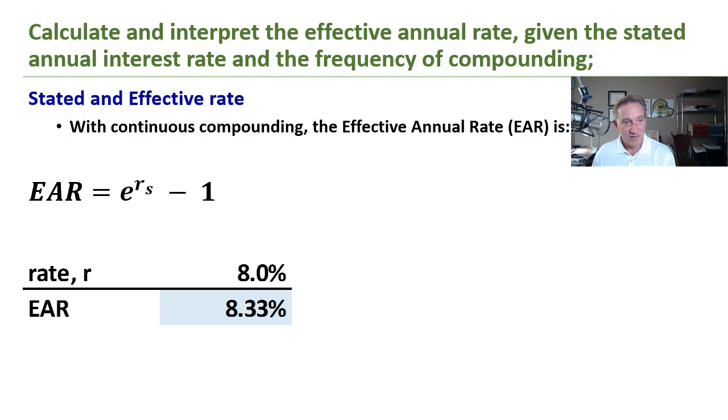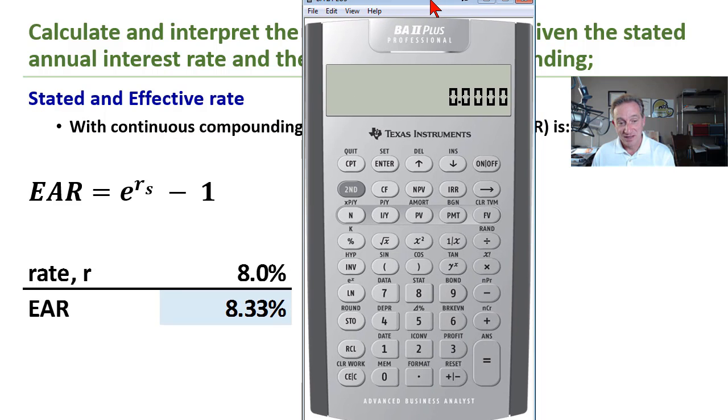So as usual with continuous compounding, this form is even more elegant. So now in this case, if I'm going to take my stated or nominal rate of 8% per annum with continuous compounding and convert it into an effective annual rate, I would take the 0.08 and I would make that the exponent in the e.